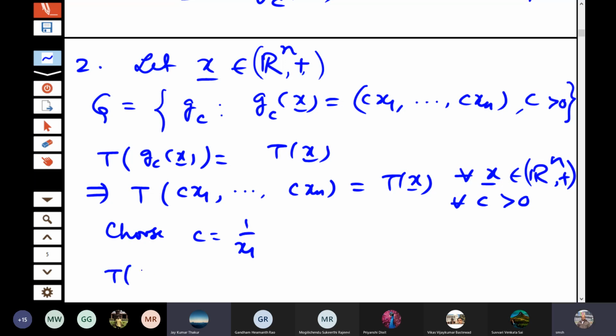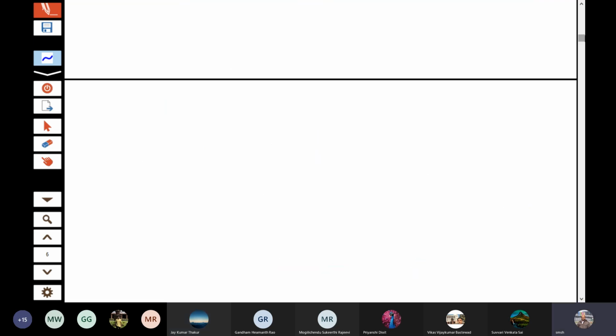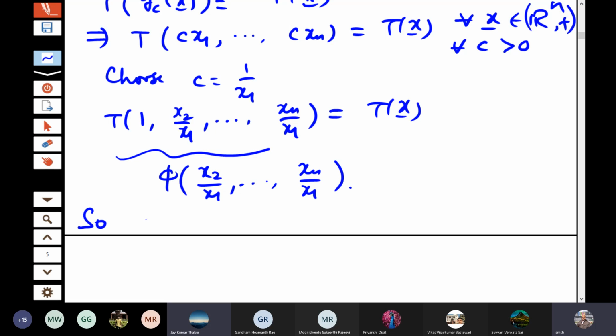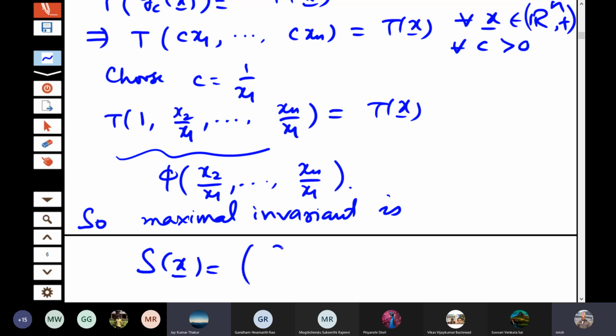Then this will give me T of 1, X2 by X1 and so on, Xn by X1, that is T of X. That means this is a function of x2 by x1 and so on, xn by x1. So maximal invariant is x2 by x1, x3 by x1 and so on, xn by x1.